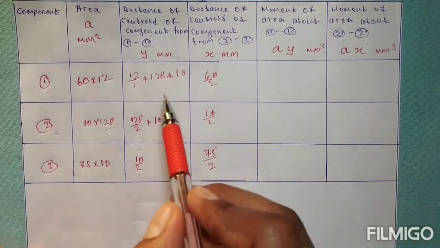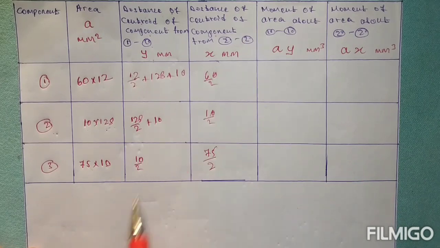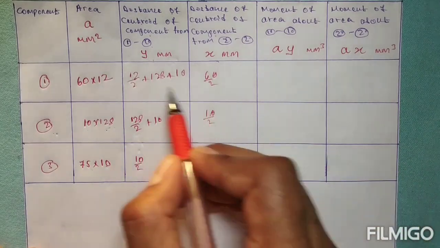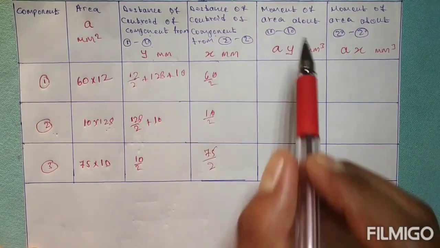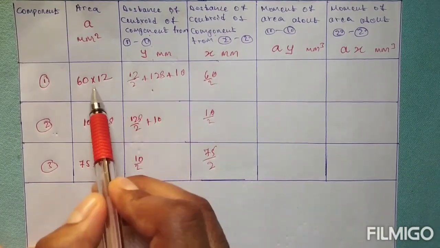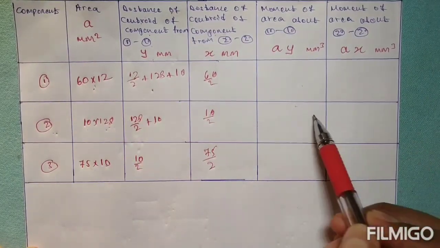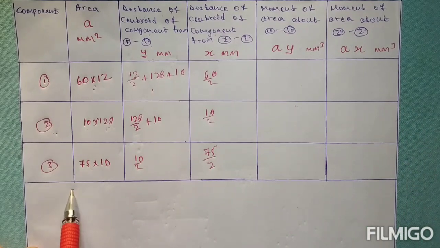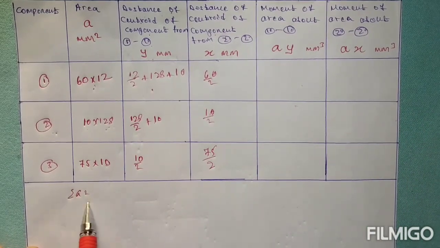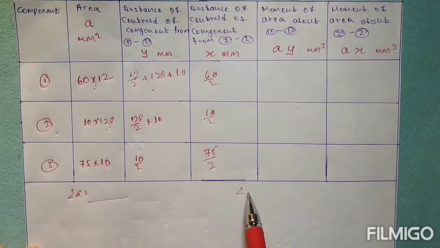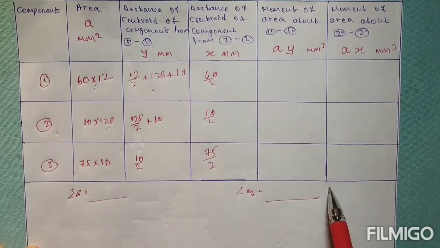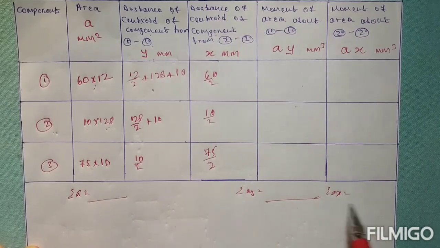Next you have to do the simple calculations. Then you have to find the moment of area, that will be area into y, similarly area into x. At the end you have to find the area of all the components as well as the moment of area along the y axis and along the x axis.